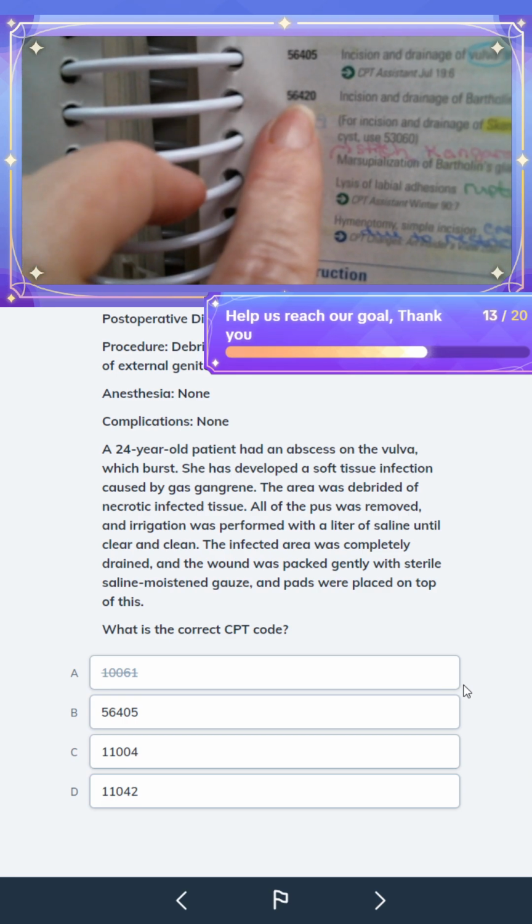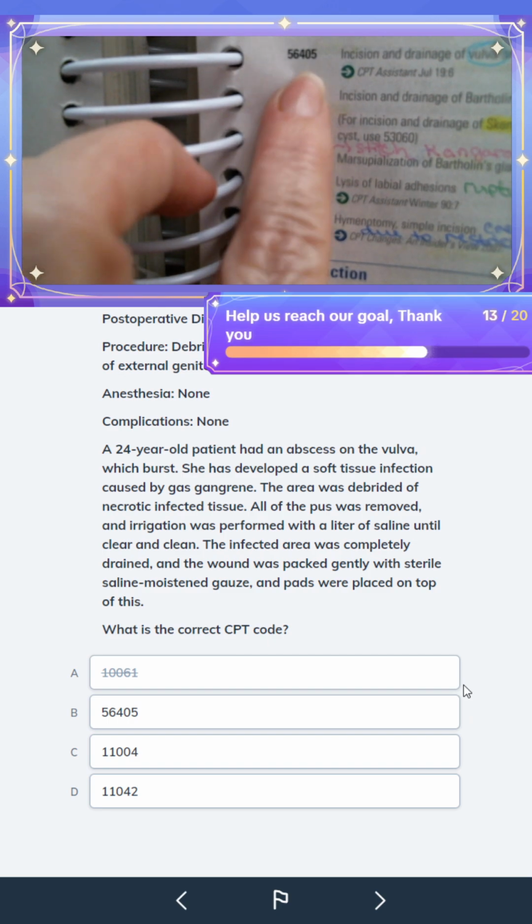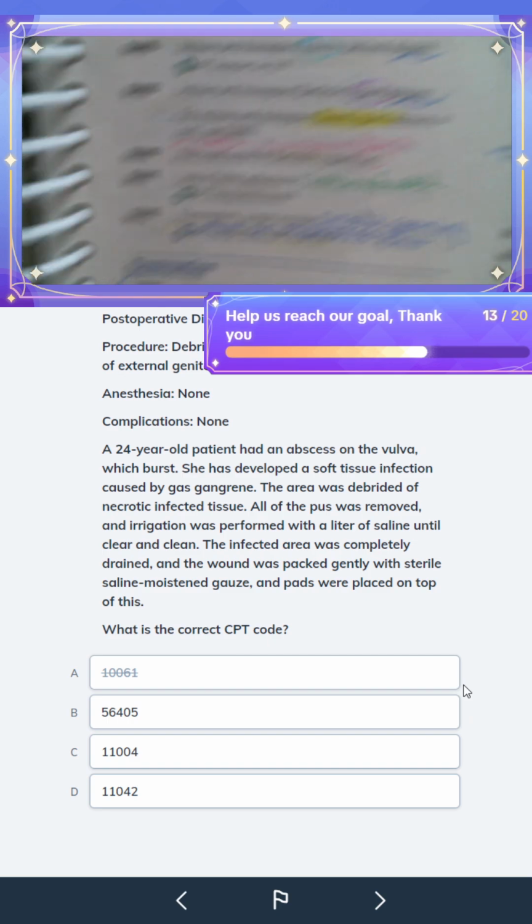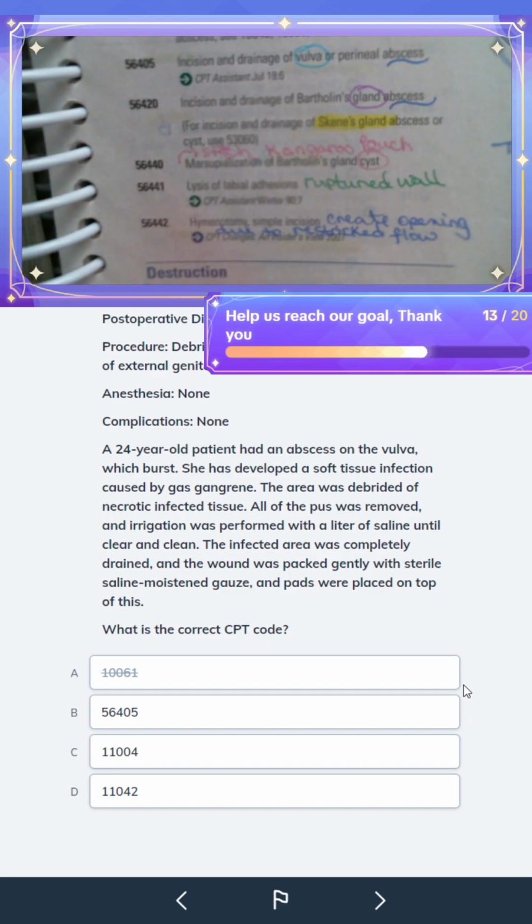So let's check our 56405. That's an IND of the vulva or perineal abscess.